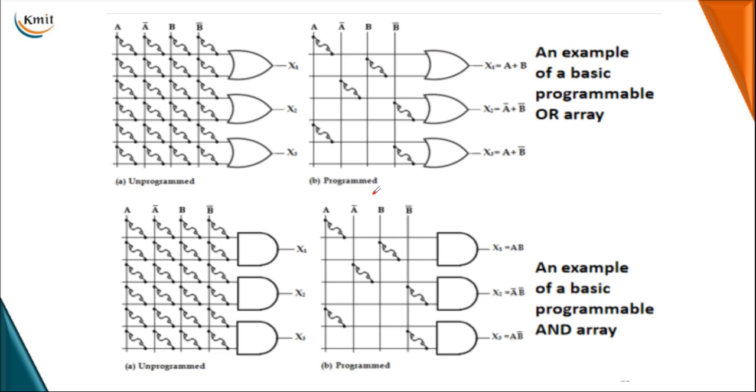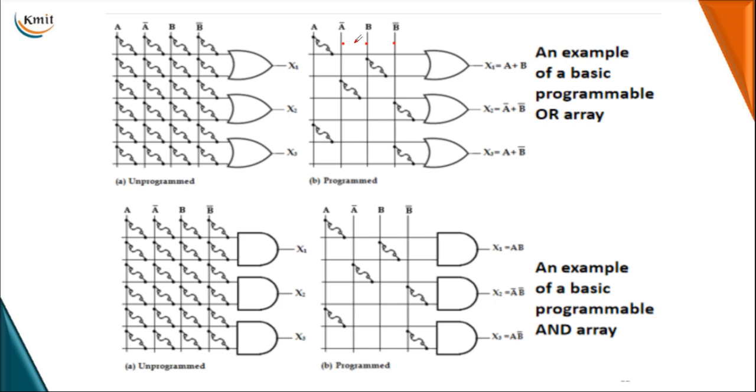Now, unprogrammed, all the inputs are connected with fusible links to the input of your OR gate. Upon programming, in order to obtain the output from your first OR gate x1, I only need A and B. So I blow the fuses of the A bar connection, and the second input must be B. Here I connect only A on the first line. So the A bar fusible link is blown, and B is also blown.